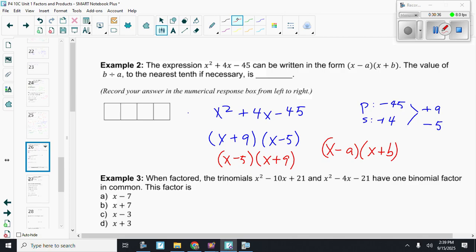Which one's a and which one's b? This is my a here, that matches up with this one. And then my b is the positive one, which matches up with that one.